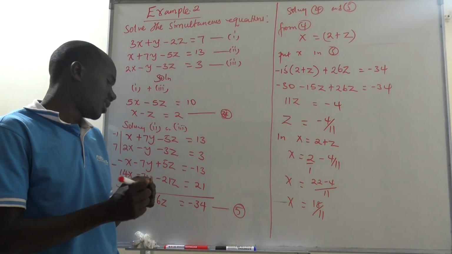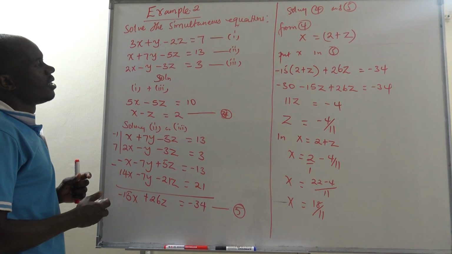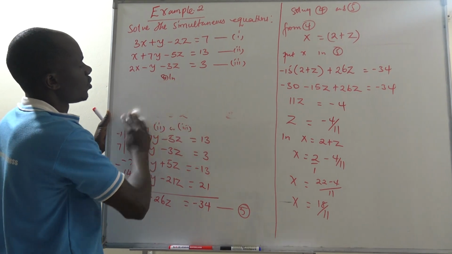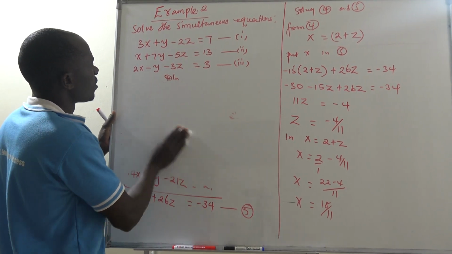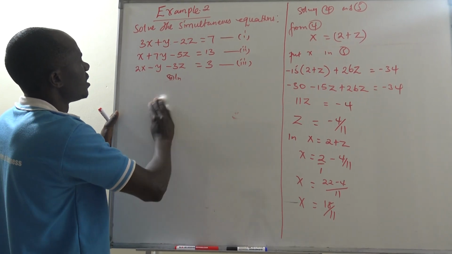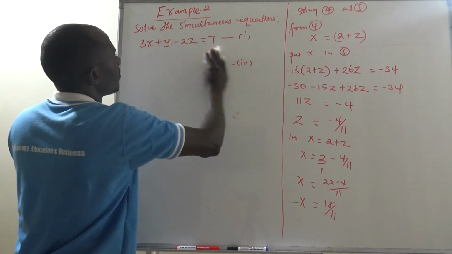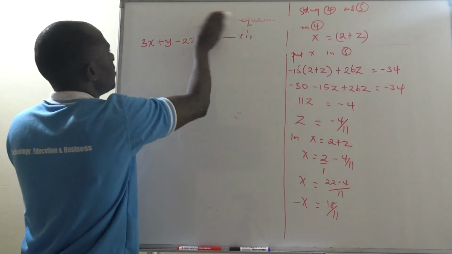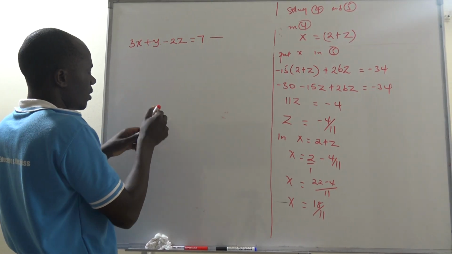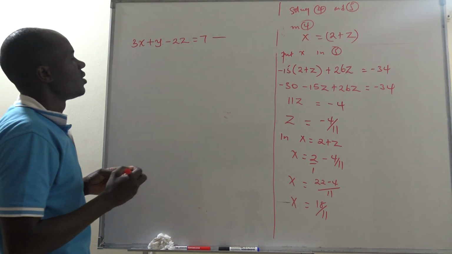So we need now to get the value of y. We are free to substitute in any equation of our choice. So we can put maybe in equation 1 or equation 3. So we can put in equation 1, which reads 3x + y - 2z = 7.